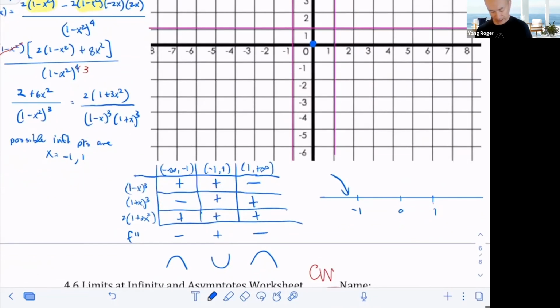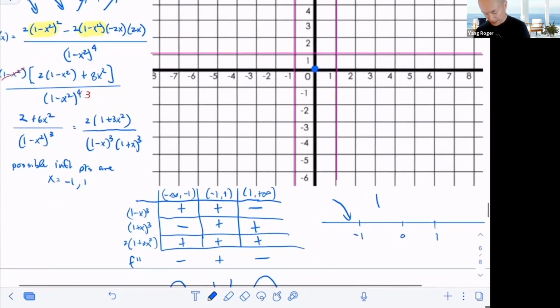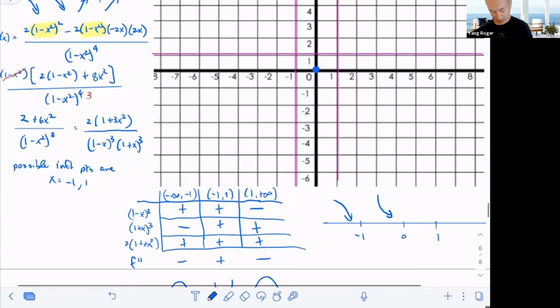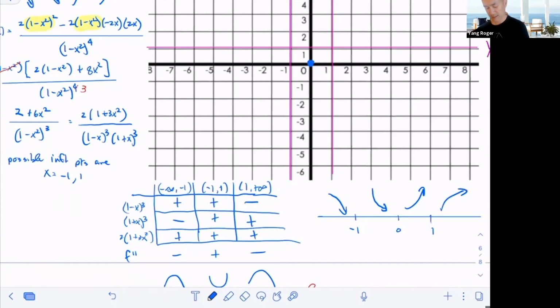Then it's decreasing and concave up. So that looks like this. Then it's increasing and concave up. So it looks like this. And then it's increasing, but concave down. So it looks like this. Any questions about that? Because now I want to fit these curves onto this framework.